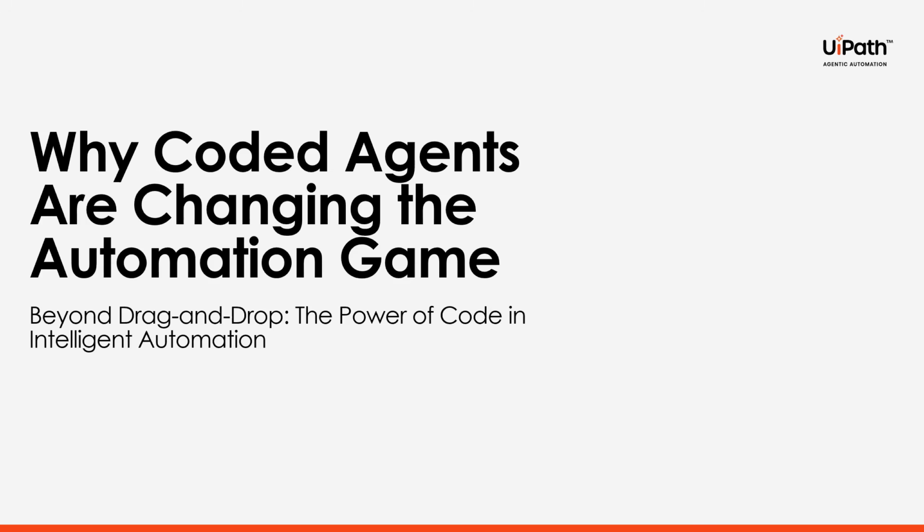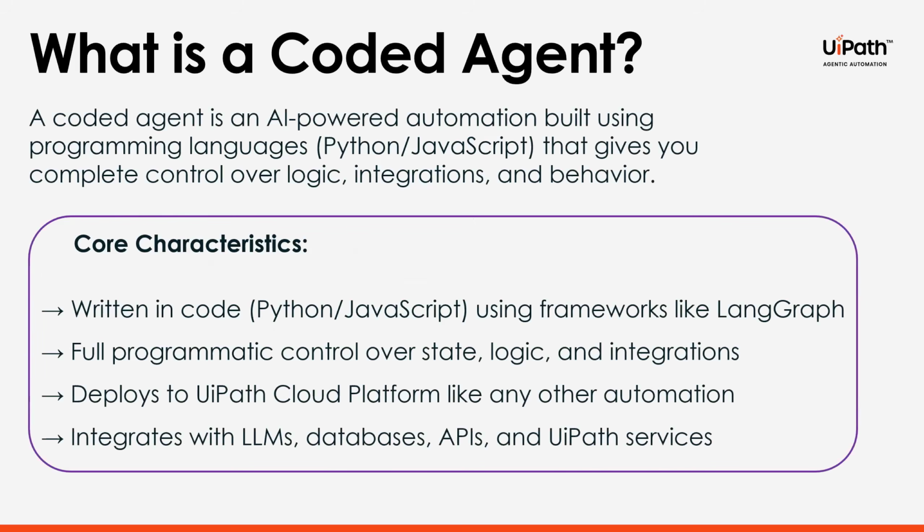So, what exactly is a coded agent? By definition, a coded agent is an intelligent AI-powered automation built using programming languages, such as Python or JavaScript, that gives you complete control over the logic, integrations, and behavior of your agent.